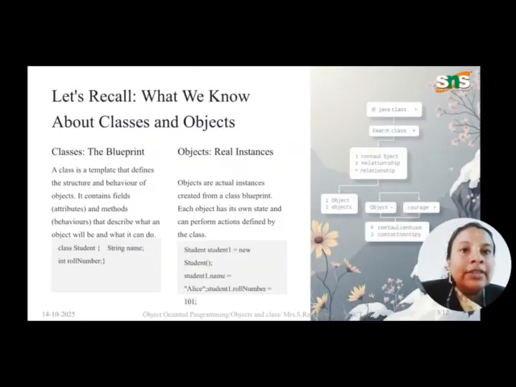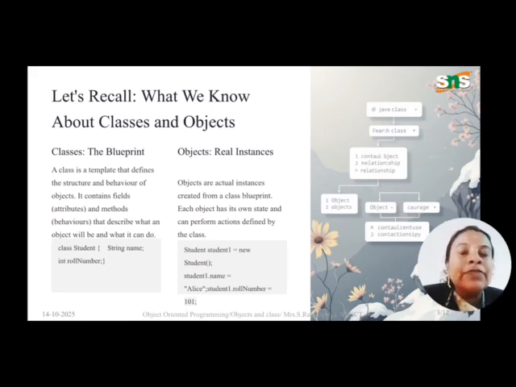So let's recall the previous topic. What we know about classes and objects. Classes we have already discussed. It is a blueprint of an object. A class is a template that defines the structure and behavior of objects.